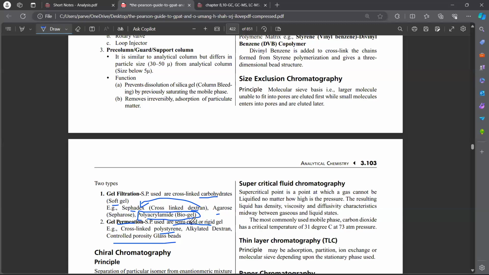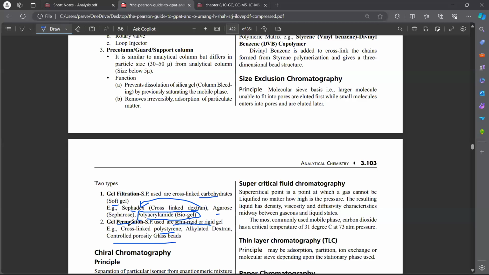The principle remains the same, based upon size exclusion chromatography, but what is the main difference? In gel filtration, the mobile phase is a buffer, while in gel permeation, the mobile phase is CCl4 or tetrahydrofuran. Great. So in gel filtration chromatography the mobile phase is polar in nature, while in gel permeation the mobile phase is non-polar in nature.